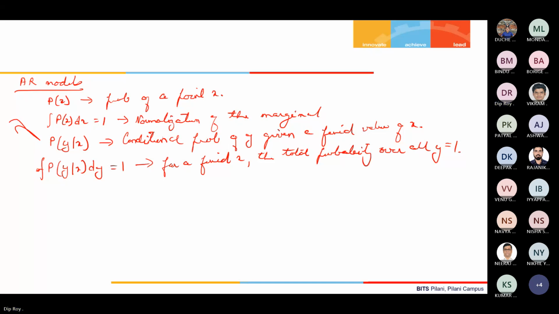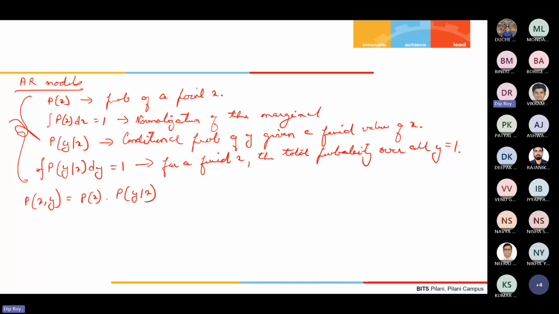Now, these are the components. Now I tell you, what is the joint probability between x and y? The joint probability of x and y is given by the prior times the likelihood.